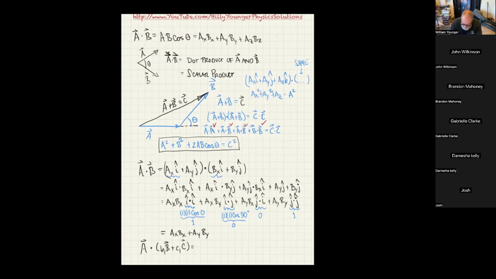And this will just become B1 times A dot B plus C1 times A dot C. So that's the linearity that I'm talking about here.